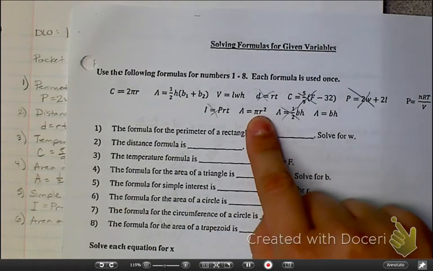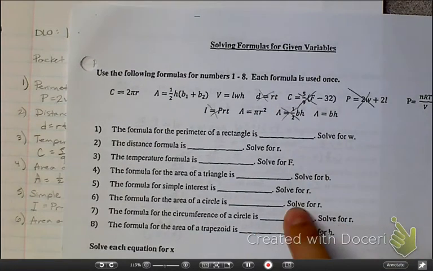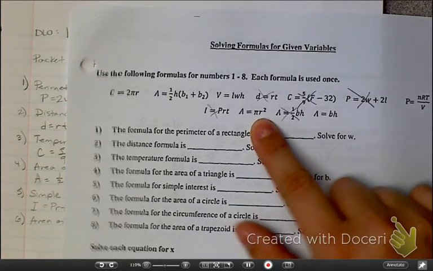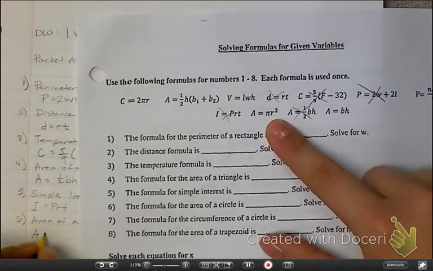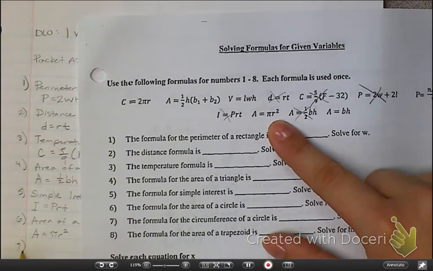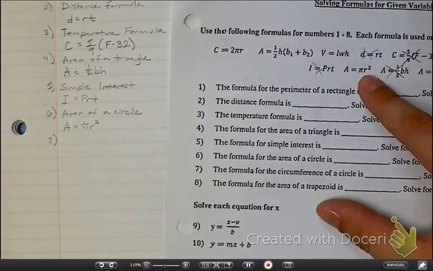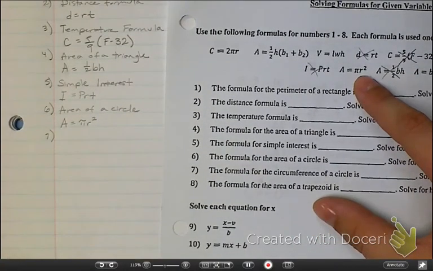But I know that a circle has to do with R, which is the radius, and with pi. Right here it says area of a circle, and it has R in it. So we're going to use this one: A equals pi R squared. Area equals pi R squared. Let me move this up so you guys can see it a little better. All right, we got 2 left, so let me cross that one off.